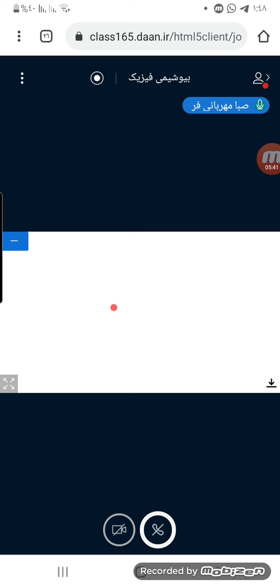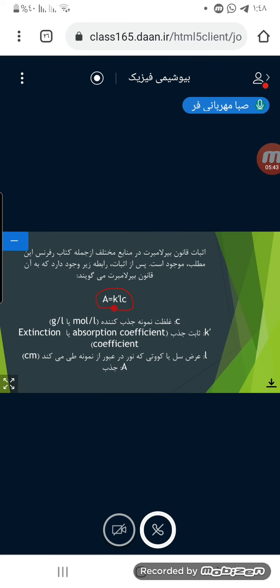This is the Beer-Lambert's law. A is the amount of light that is absorbed, the absorption. ε depends on the nature of our substance, it is a kind of coefficient.